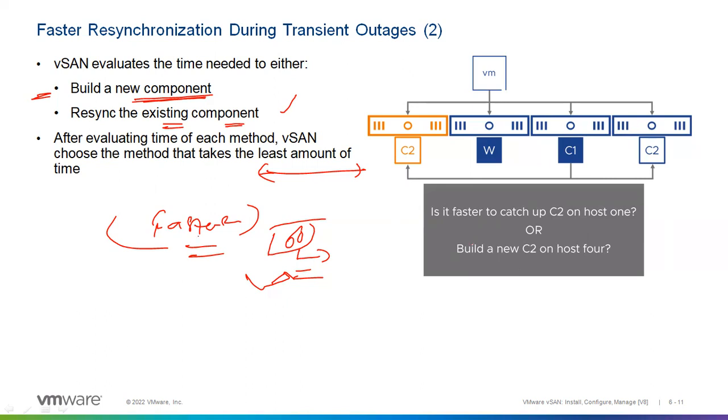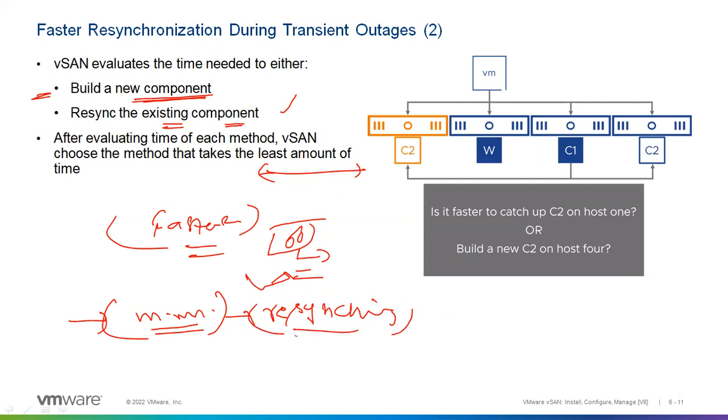But when the host comes back and we exit the host from maintenance mode, and we check the resync tab, it still shows that there are components which need to be resynced. So it means that whatever data was written during that maintenance time is being resynced and the components are not being rebuilt, right? That is my understanding. You are right.